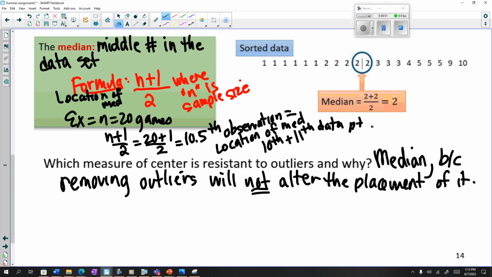So basically, if I counted, this is the sorted data up above here. 1, 2, 3, 4, 1, 2, 3, 4, 5, 6, 7, 8, 9, 10. This is the 10th observation, and this is the 11th observation. The median would actually be the average of the 10th and the 11th observation, which is 2, because 2 plus 2 divided by 2 is 2. So the median would be 2 goals scored, which I think is what we said before.